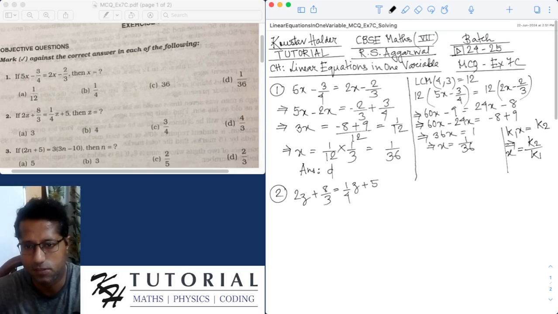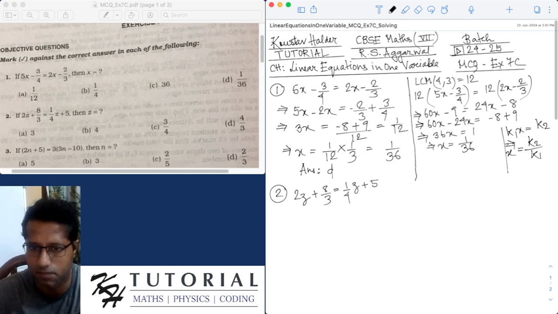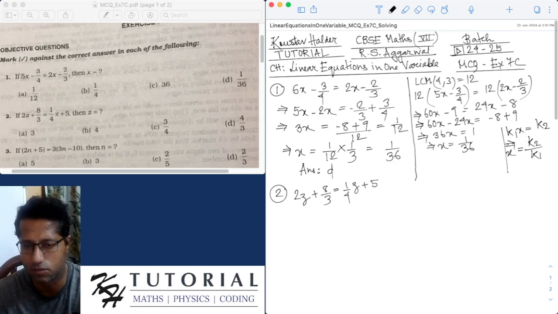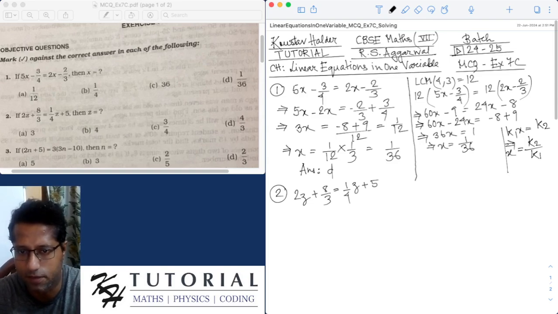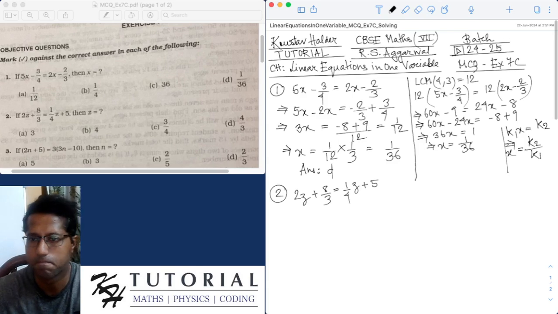Now we see over here one variable term has a fraction, that is z by 4. If you are comfortable with working with fractions, then you do not need to multiply any number to both sides.